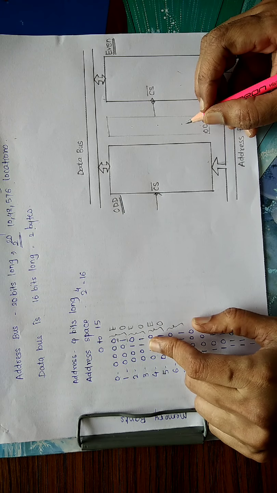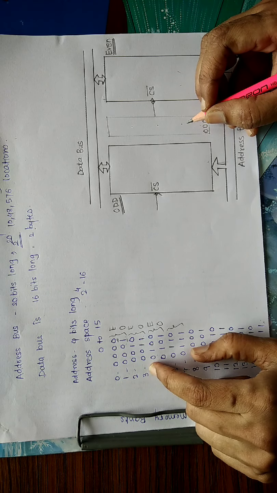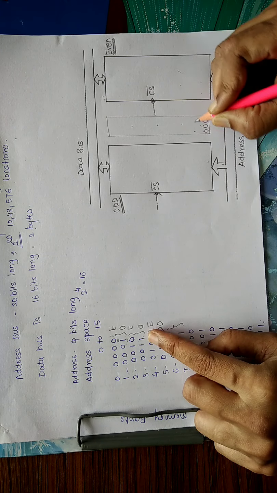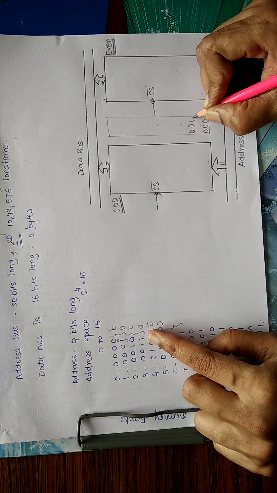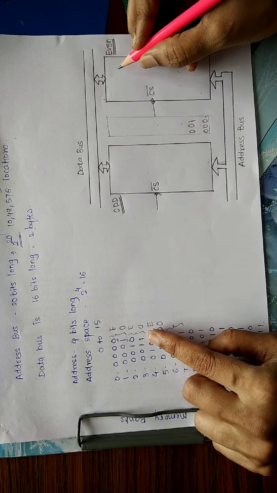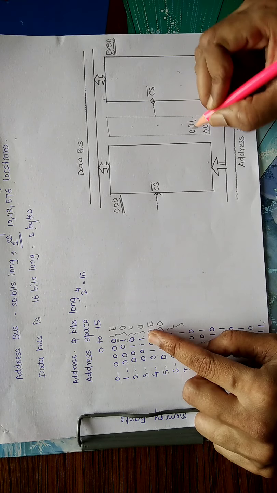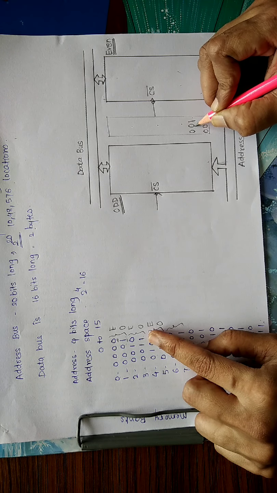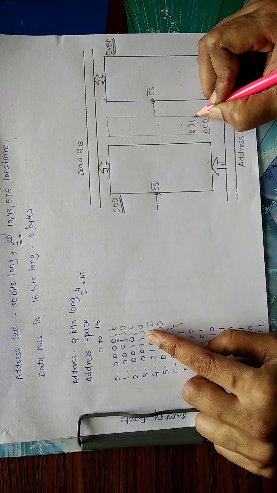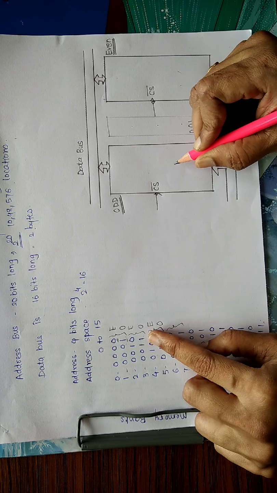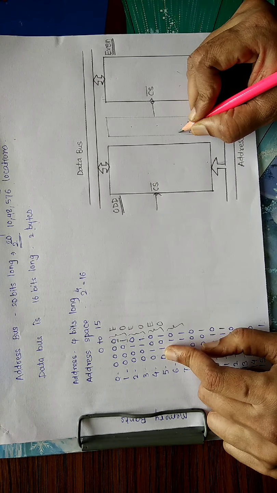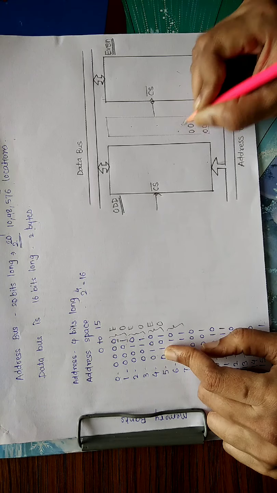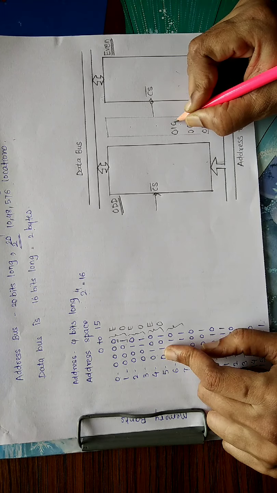Then considering the second group, the successive addresses are 2 and 3, so the upper bits are 001. When the LSB is 0, the data is fetched from the even bank, whereas when the LSB 1 is attached to this 001, the data is fetched from the odd bank. Similarly for 4 and 5, the upper bits are 010.